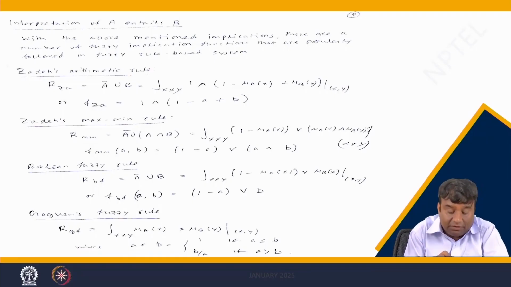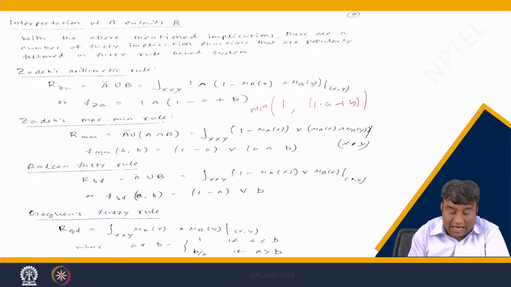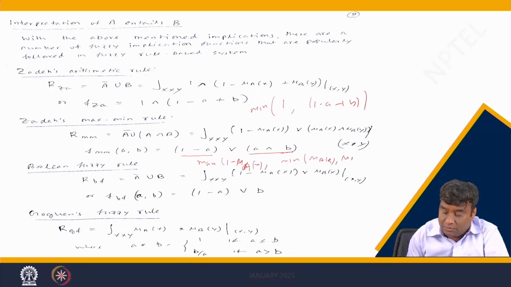Interpretation of A entails B. With the above mentioned implications, there are a number of fuzzy implication functions popularly followed in fuzzy rule-based systems. Zadeh arithmetic rule R_ZA is equal to A complement union B, that is, the minimum of 1 and 1 minus A plus B. Then Zadeh max-min rule R_MM(A, B) is the maximum of 1 minus A and the minimum of A and B, that is, the maximum of 1 minus mu A(x) and the minimum of mu A(x), mu B(y).